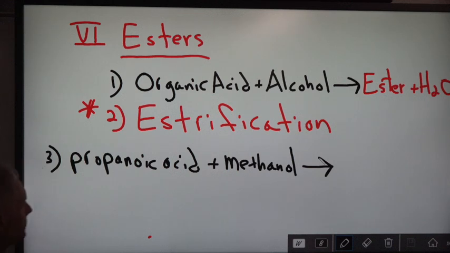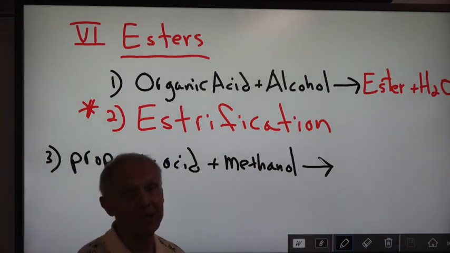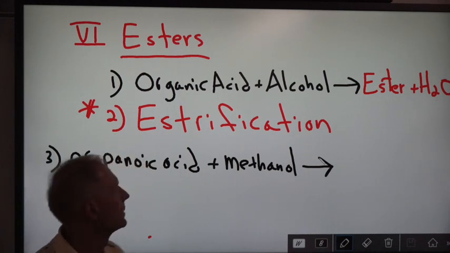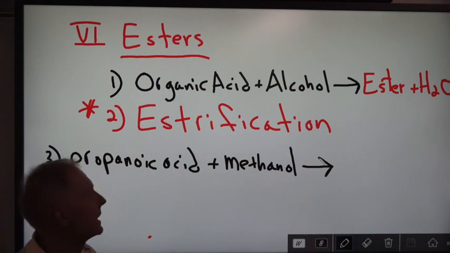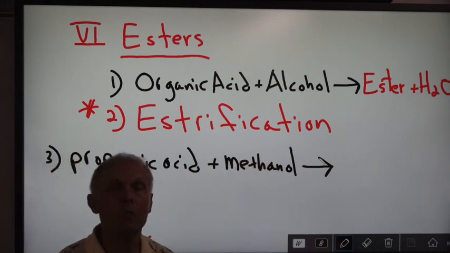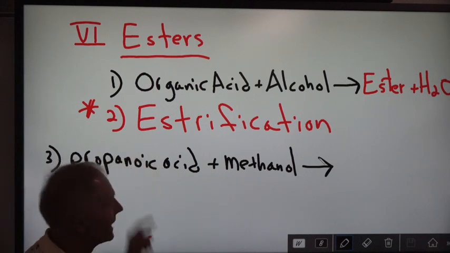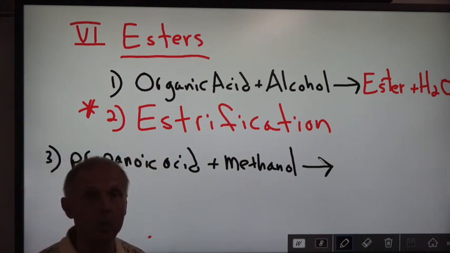Now, watch how you name these, because when you build this for me for this video, you're going to build the acid first, and then you're going to build the alcohol. But to name it, you got to name the alcohol and then the acid. So it's crazy, but watch.